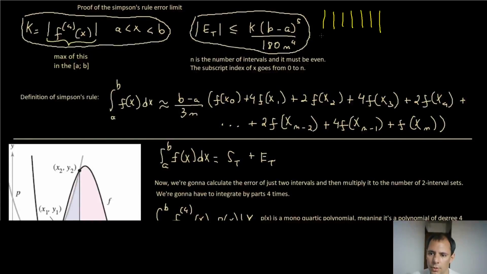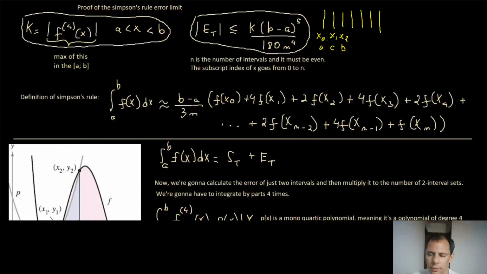So this is x0 and this is a, for the first two-interval set. Now you've got an x1, which is going to be c, the midpoint, and you have x2, which is b. And now you've got a problem because it was very tight in here.